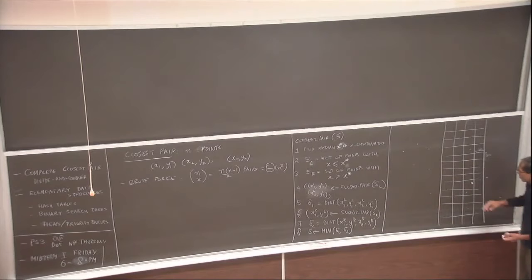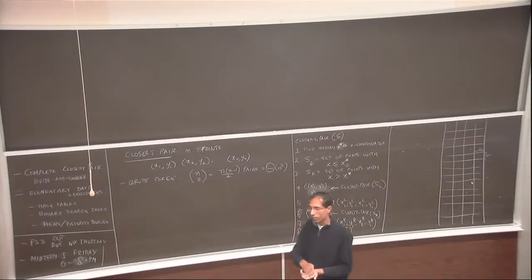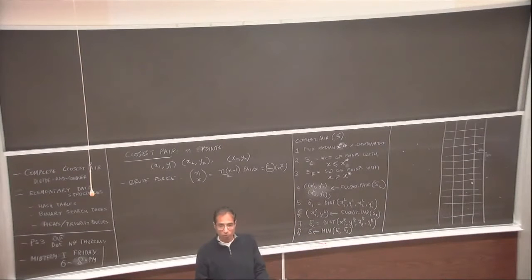Because the points themselves might be really spread out. If I keep doing this delta over 2, imagine this delta might be really, really small. And I'm building these cells. Most of these cells are empty. So I can't afford to do that. Now my time might depend upon the distances as opposed to the number of points.